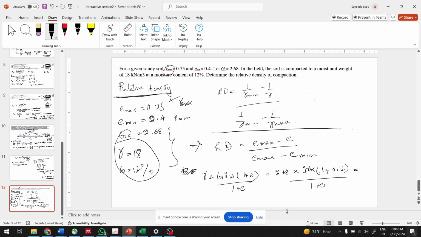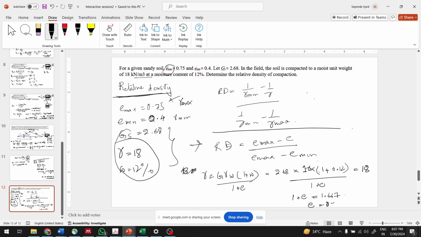It will be 10, because the gamma is in kilonewton per meter cube. So let's calculate: 2.68 into 10 into 1.12 over 18. So 1 plus E comes out to be 1.667.